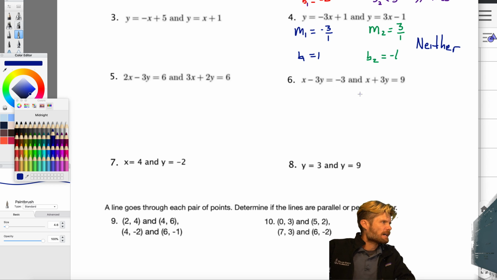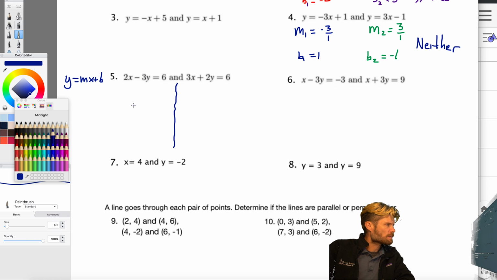So for number 5, I'm going to skip number 6, but number 5, we have to put these in y = mx plus b form before we can determine the slope and the y-intercept. So for this one right here, I have to subtract 2x from both sides, and then divide by -3.